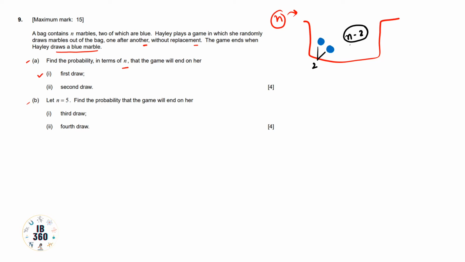So now, find the probability in terms of n that the game will end on her first draw. It means at the first draw she has picked out one blue marble. Two blue marbles are there and the total number of marbles is n.